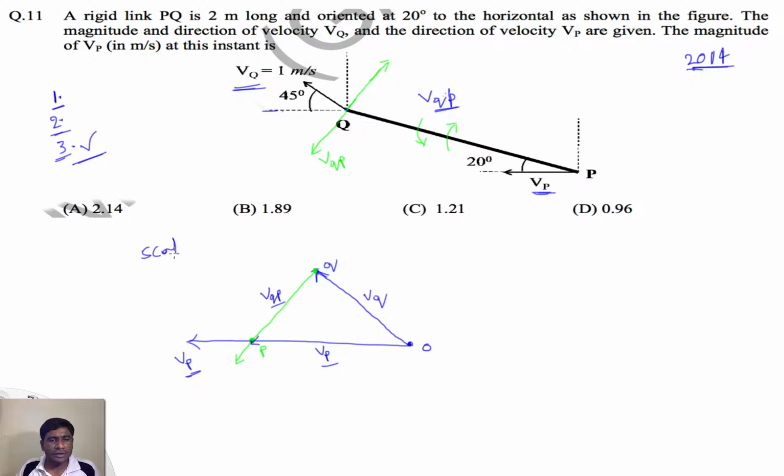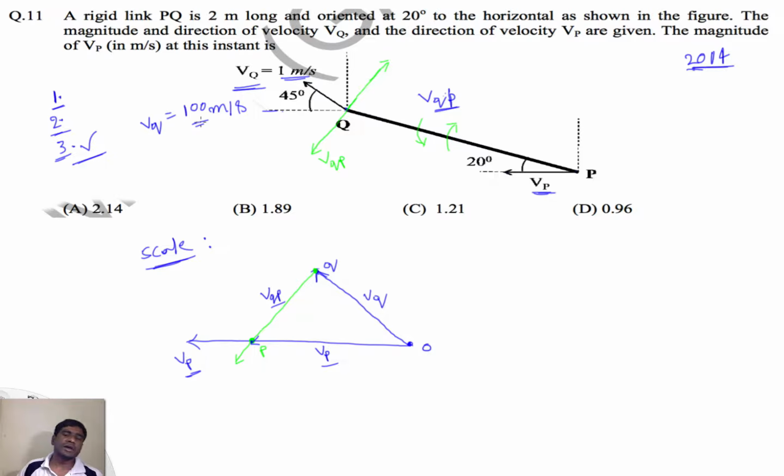drawn to a scale. So scale means, for example, in this case this velocity Vq is given as 1 meter per second, but what if velocity Vq is instead given as 100 meter per second? Then we cannot draw 100 meters as equivalent to 100 centimeters. So we will reduce this 100 centimeters using a scale, either by dividing by 10 or 20 or 5.